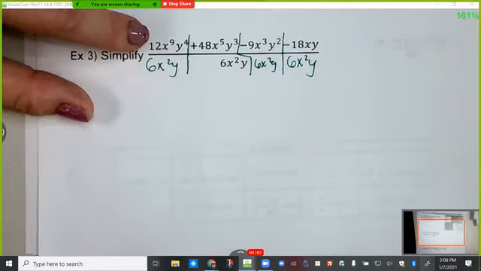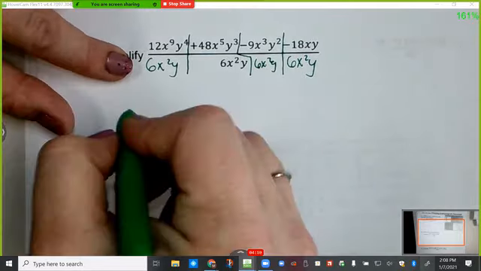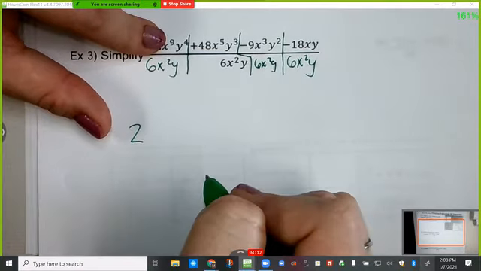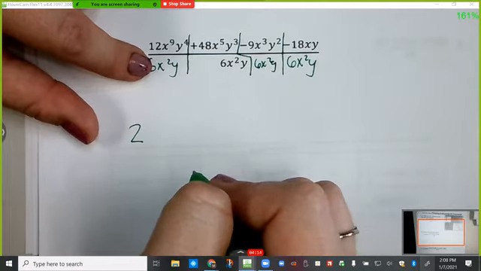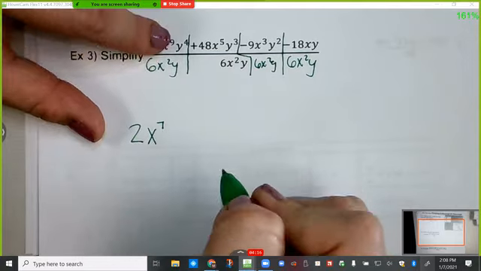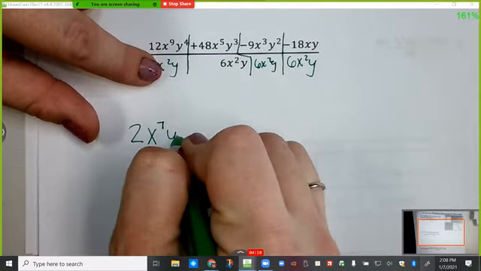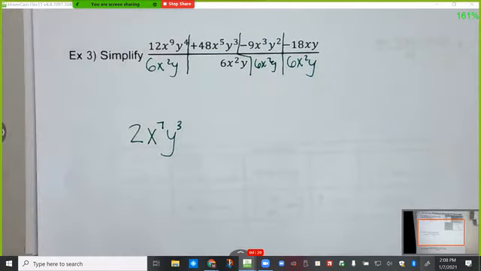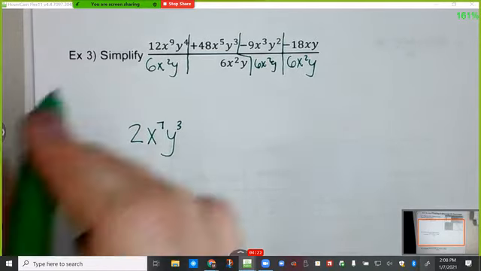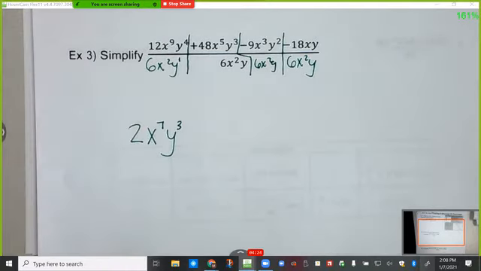What's 12 divided by 6? X to the 9th over x squared. X to the 7th power. Y to the 4th over y. Y to the 3rd power. Because remember, that's technically an exponent of 1. Everybody okay with that?